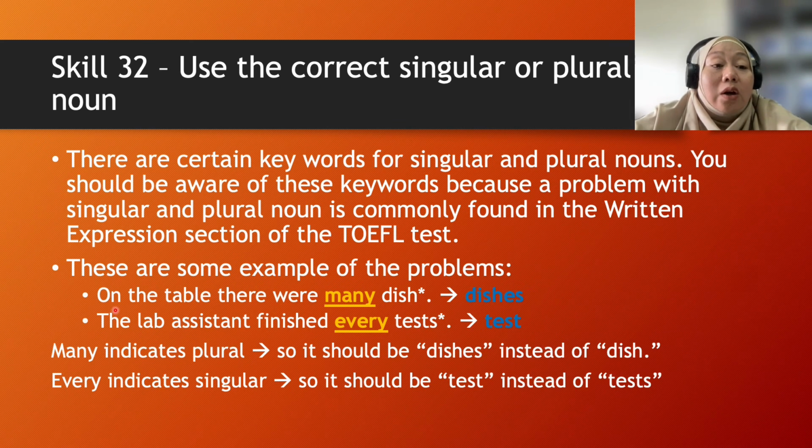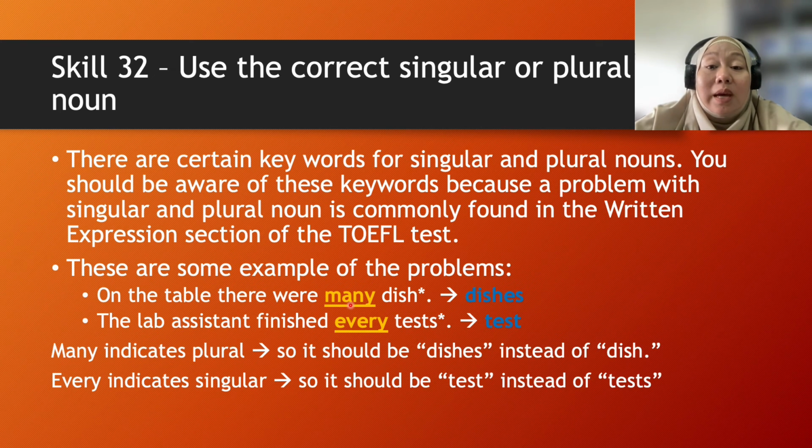Here on the table there were many dishes, and the lab assistant finished every task. Now you should be aware of this asterisk mark. It means that this is incorrect. Why?